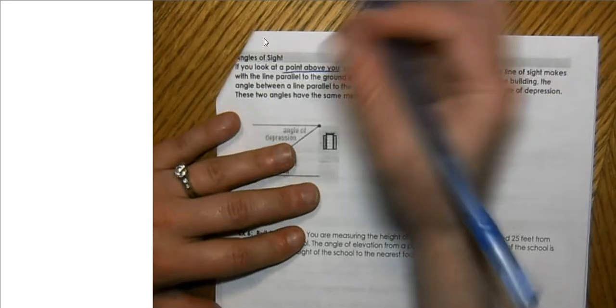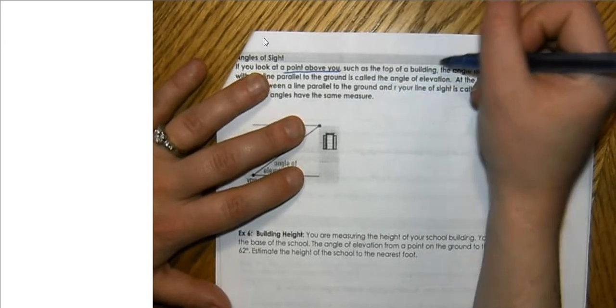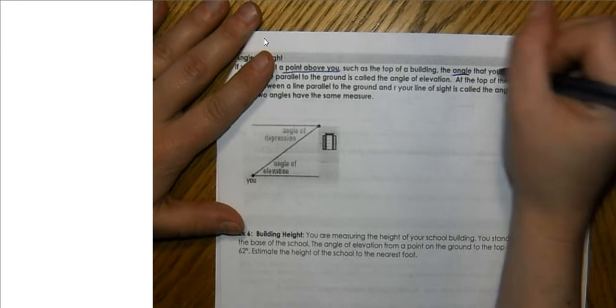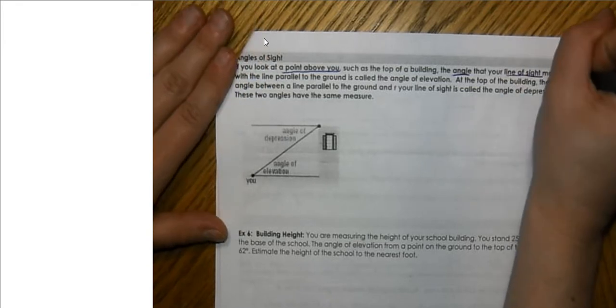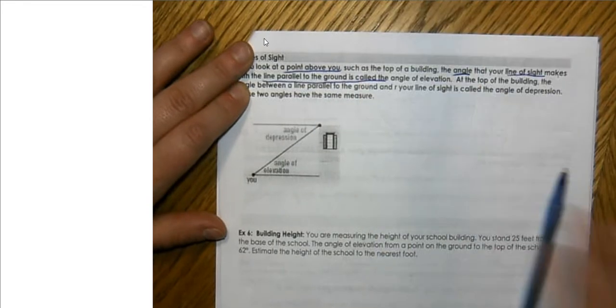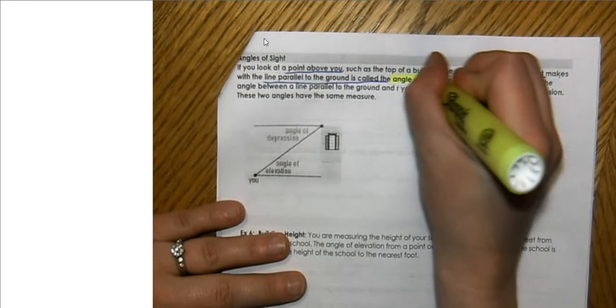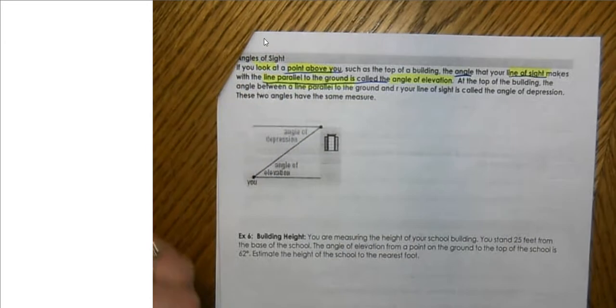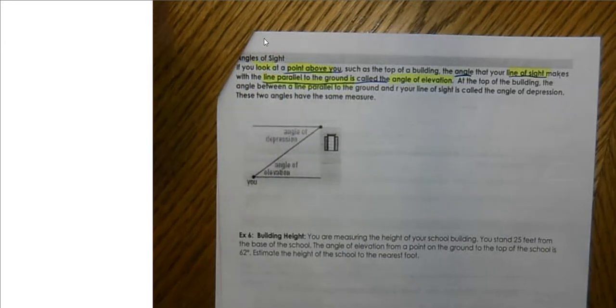If you look at a point above you, such as the top of a building, the angle that your line of sight makes with a line parallel to the ground is called the angle of elevation. So it's your line of sight looking at a point above you and a line parallel to the ground. That's known as an angle of elevation.